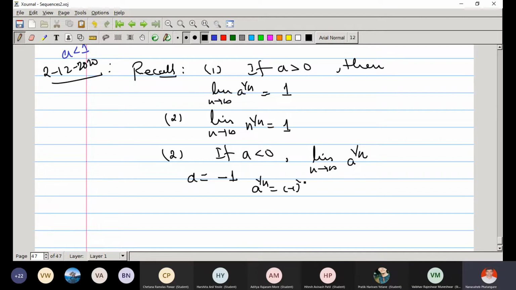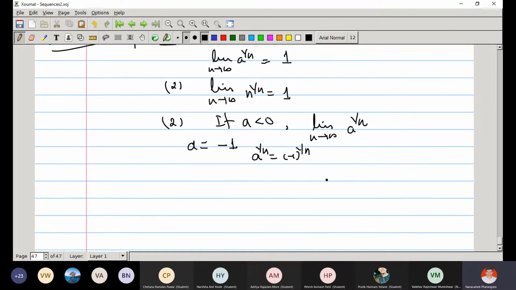That means -1 raised to 1 by n. This does not make sense because in particular if n is equal to 2, then what is -1 raised to 1 by 2? Root of -1 is not a real number. So if a is negative, a raised to 1 by n as a sequence does not make sense.